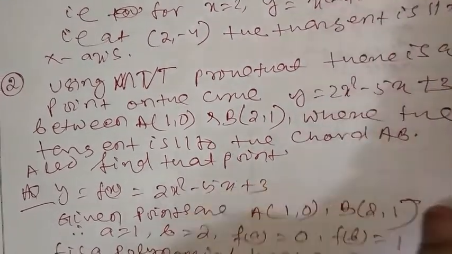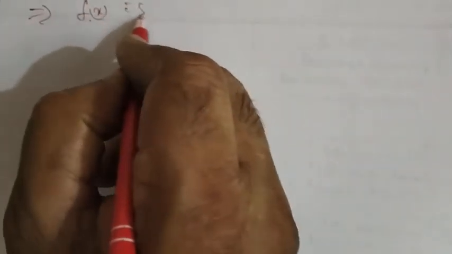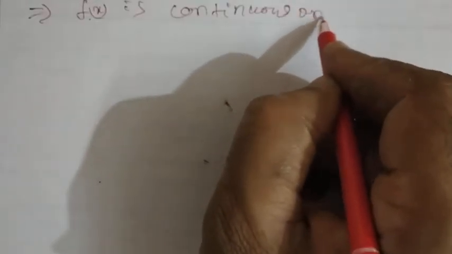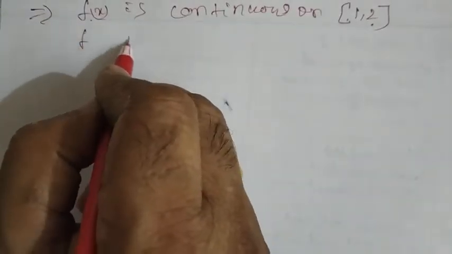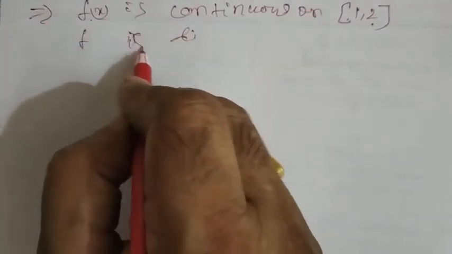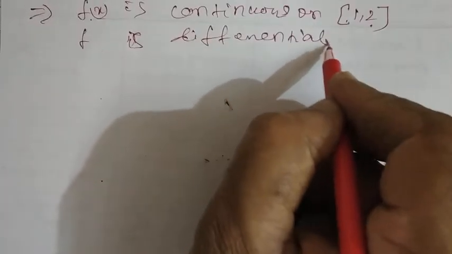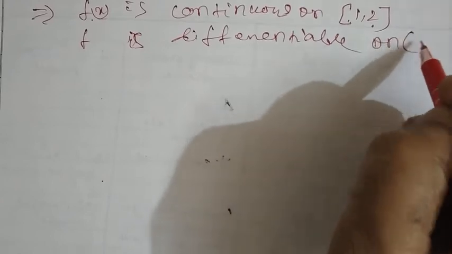Now, this gives me f(x) is continuous on closed interval a to b, a is 1, b is 2, and f is differentiable on open interval 1 to 2.